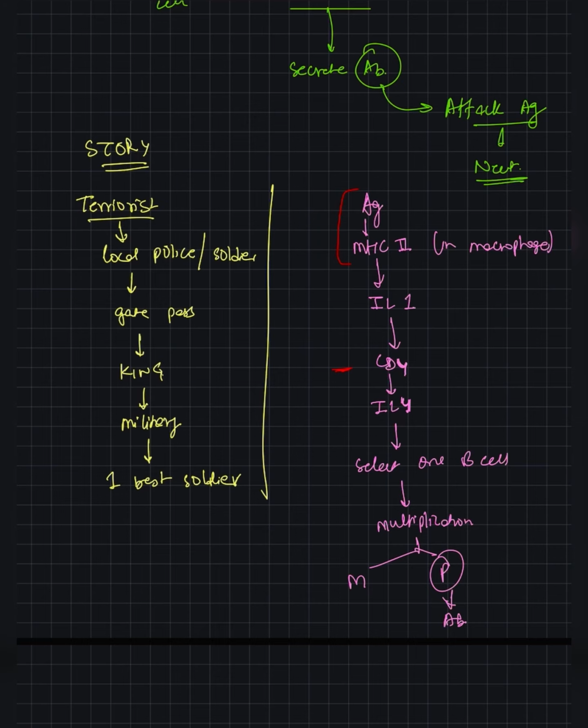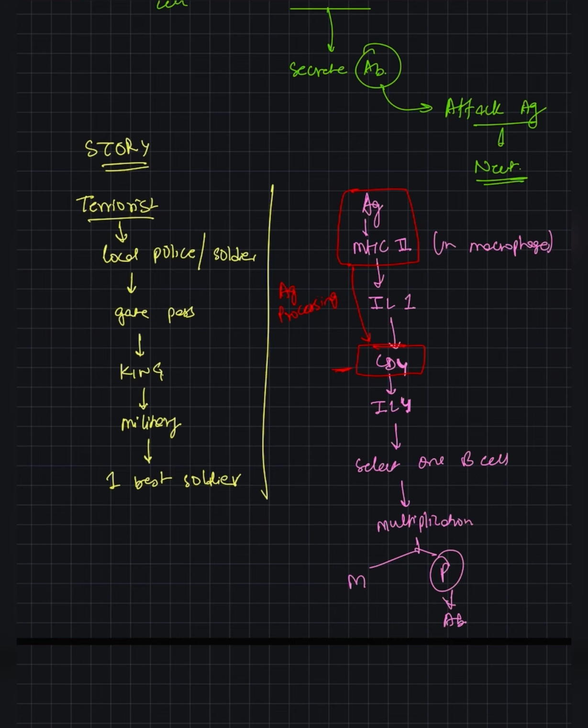This is known as antigen processing. It means taking the antigen to CD4. So antigen processing means the antigen in the MHC2 complex is moving towards CD4, but interleukin 1 is not yet released.